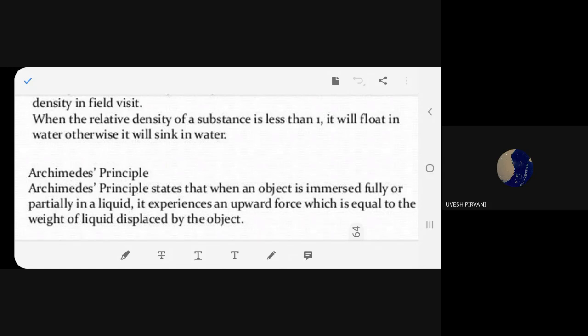Didn't we study this earlier? Remember upward thrust, buoyancy. Did we read it or not? I talked about upward thrust when you put any object in the water, partially immersed or fully immersed.